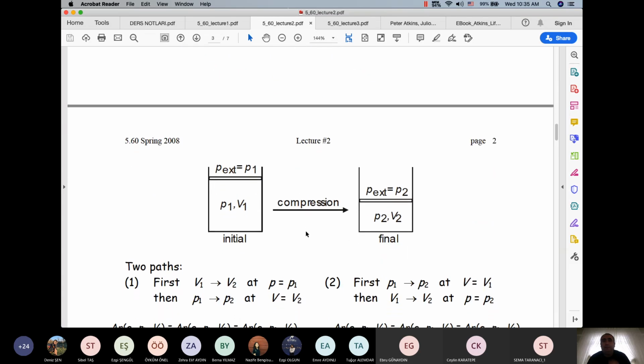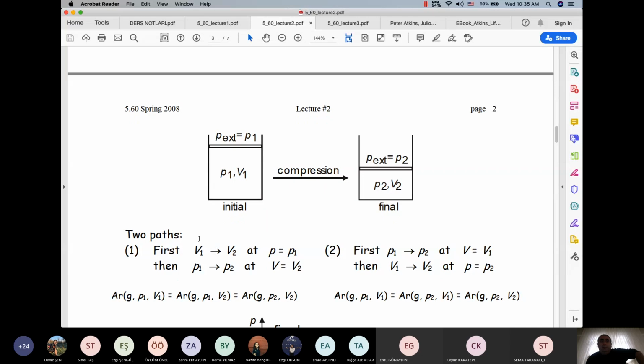This is called compression. As you see, this is P1 and this is also P. If this is P1, then this is the reversible process, reversible compression.